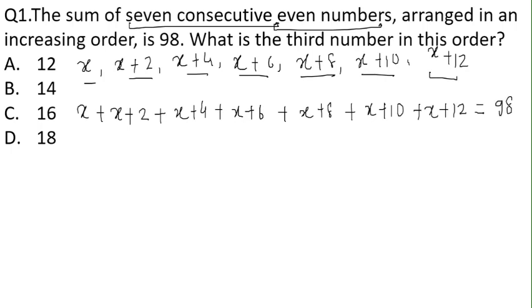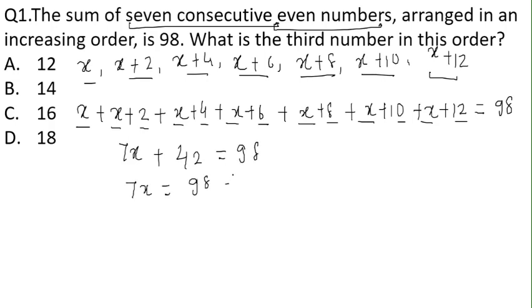Okay, so there are a total of 7x here, so I'll take the summation as 7x, plus 2 plus 4 is 6, 6 plus 6 is 12, 12 plus 12 is 24, 24 plus 18 will give me 42. So 7x plus 42 is equal to 98. So simply 7x is equal to 98 minus 42, this will give me 56. So 7x is equal to 56, then x is equal to 8.